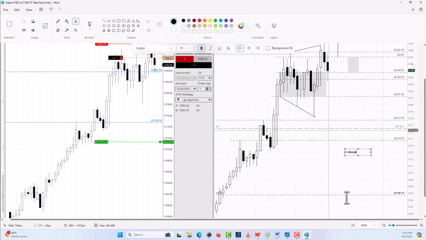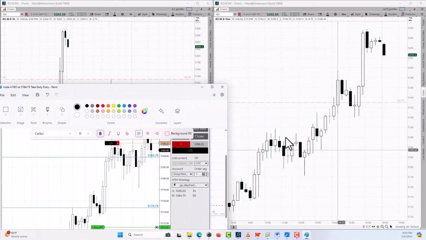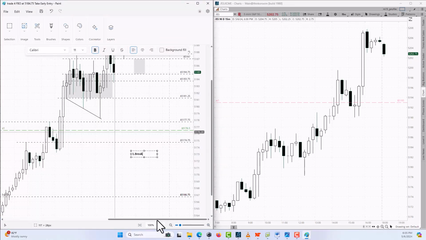The break, at what time is this one? I look at the chart. What is the break level? What level is that?